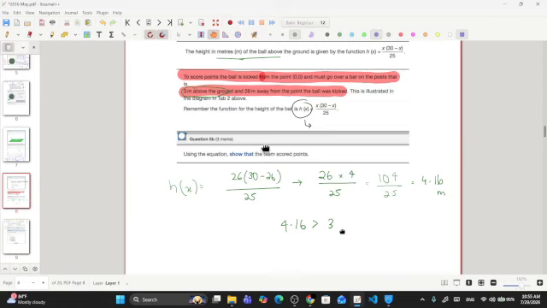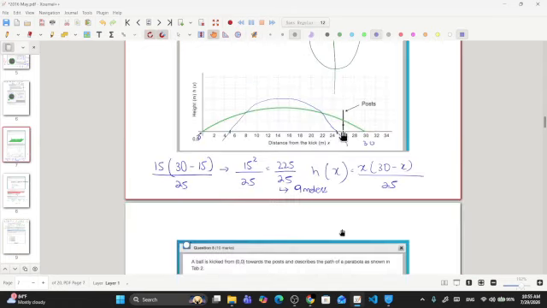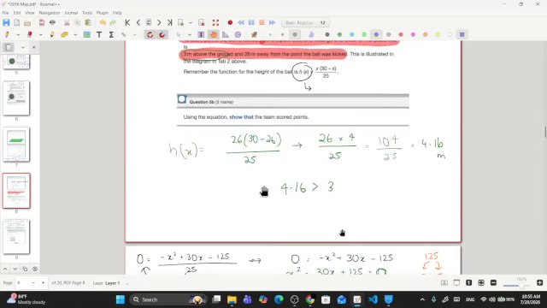Or another way of proving it was using the curve that I created. So look, this was the goal post at 26. Here was the shot being blocked. So I can say that the team did not score points.